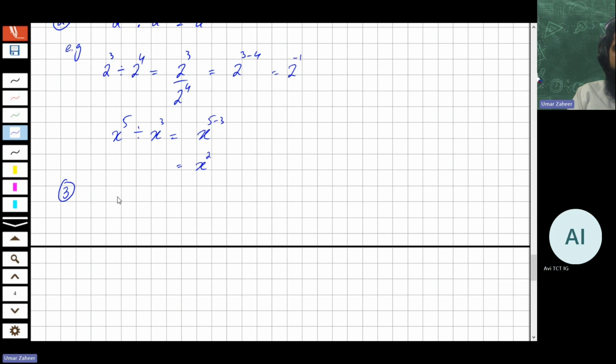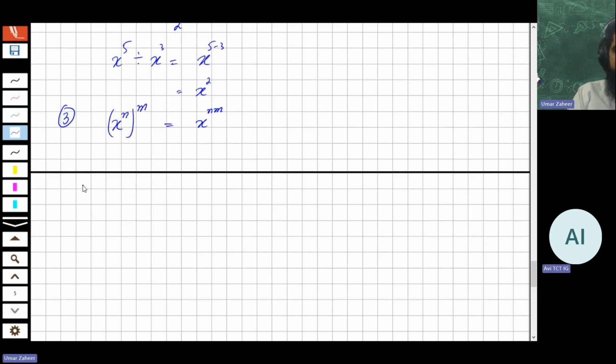If you have any number and there will be a power on it, and there will be a whole power on it. You have any number x, it has some power, and there will be a power on the whole number. Then the power on the power, they will be multiplied, and multiply by m.